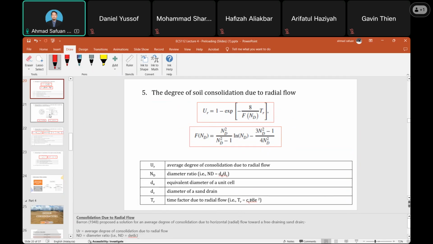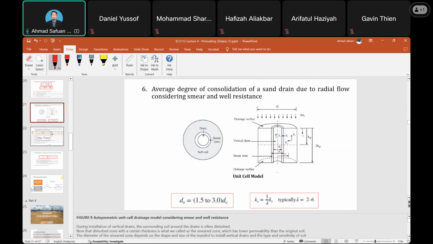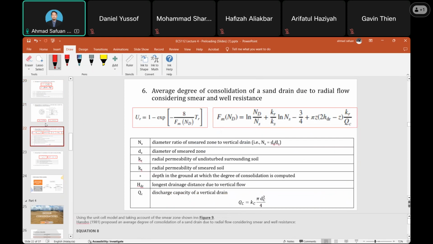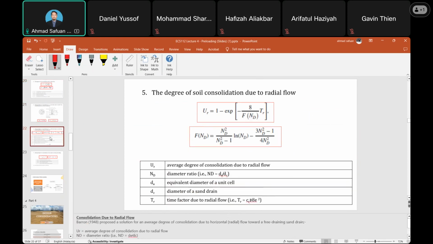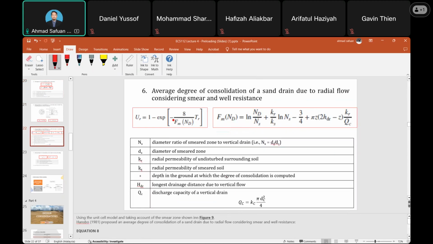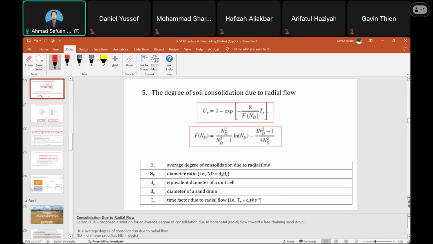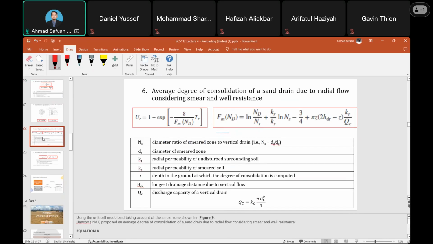Since it is very common to occur, and we also want a good prediction, the mandrel issue is included in the calculation for the UR. By including this issue, the equation is a little bit lengthy compared to the previous equation without mandrel and smear effect.